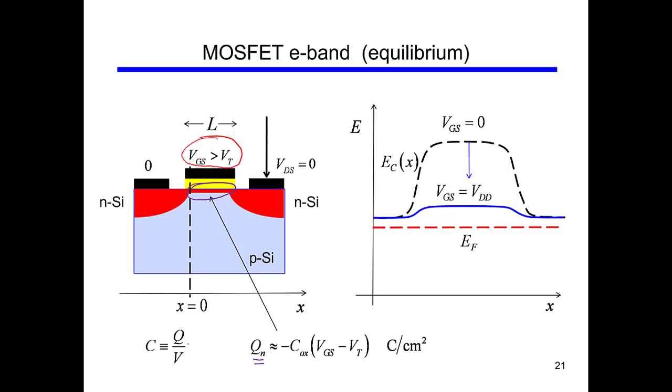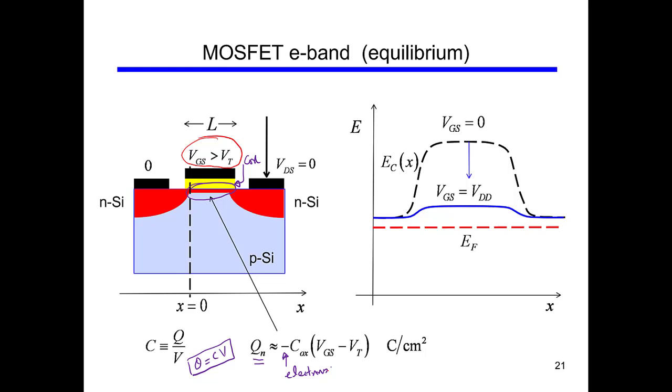We know that Q is equal to CV, a well-known equation from the capacitor. For this capacitor, the capacitance is represented by the silicon dioxide layer Cox, and the potential difference between the two sides is VGS minus VT, and the negative sign is because the charge represents electrons.